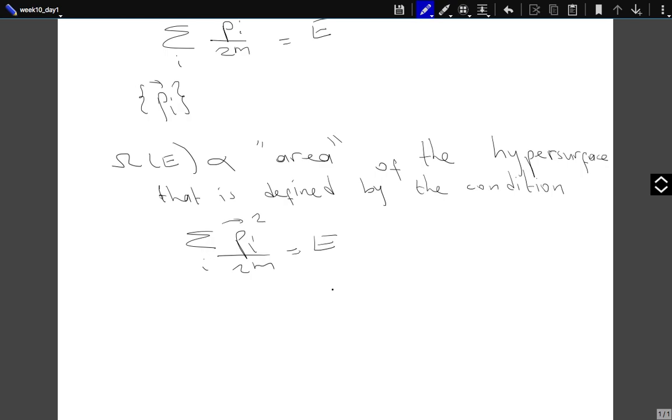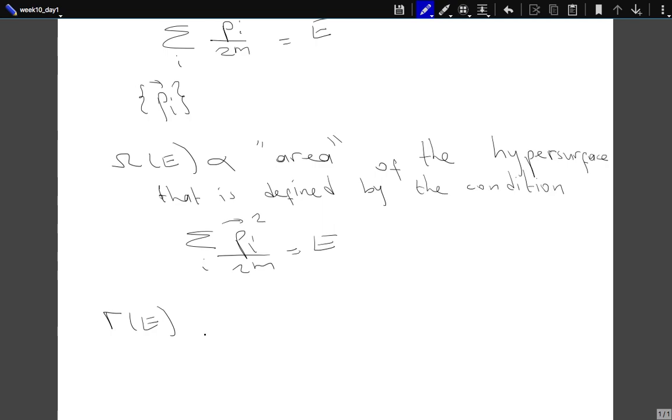So rather than calculating this directly, we define some other quantity which turns out to be easier to evaluate, this gamma E. Remember, omega E is the number of particles.